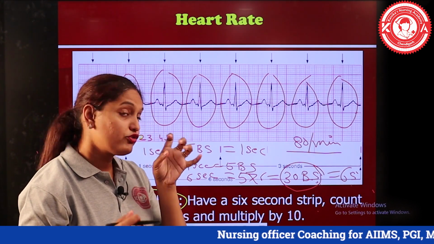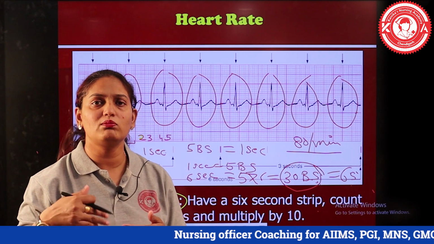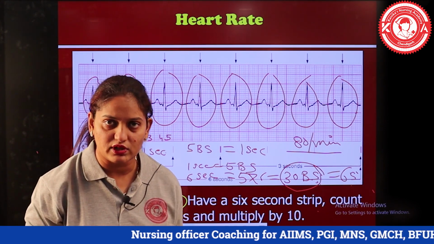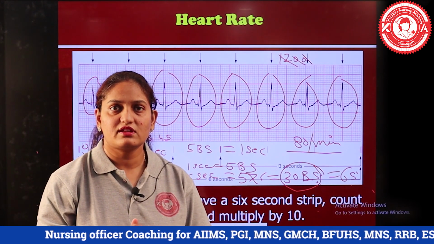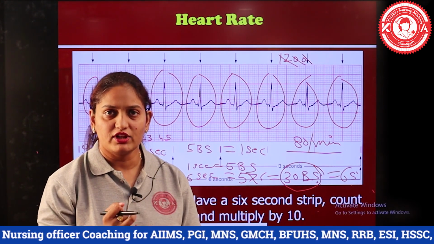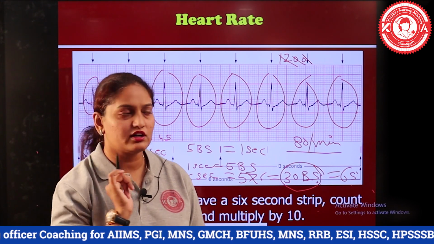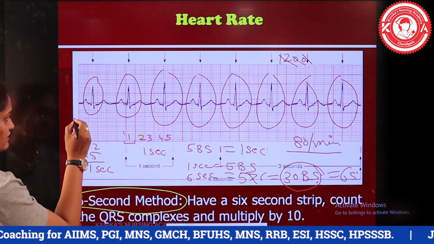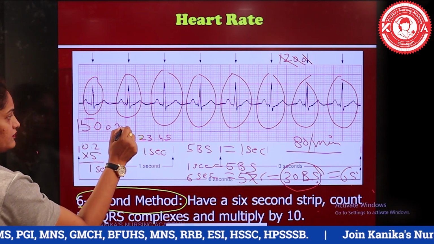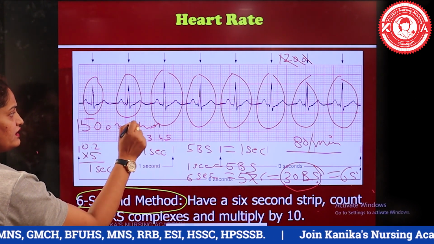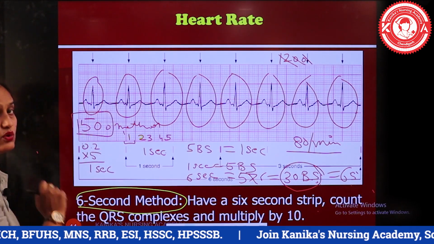So for that reason we have 2 more methods by which we can calculate the heart rate of a patient. The other 2 methods are the 1500 method and the 300 method, and I will write the 1500 method here. Now you will ask where this 1500 value has come from.